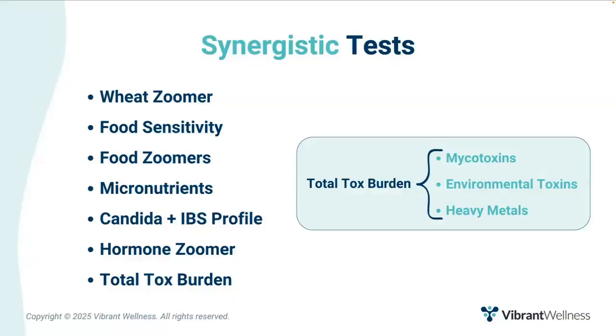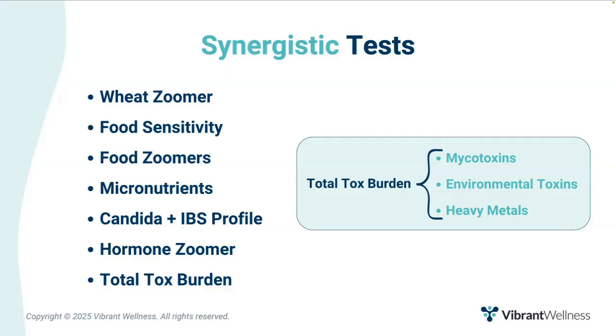Also consider the Micronutrients panel to investigate nutrient deficiencies when Gut Zoomer results indicate digestive insufficiency and/or opportunistic overgrowth that can block nutrient absorption. The Candida plus IBS profile investigates the serological response to Candida species, and the presence of anti-cytolethal distending toxin B or anti-vinculin antibodies, which are suggestive of altered immunity in functional bowel disorders, and helps differentiate between inflammatory bowel disease and IBS subtypes IBS-D and IBS-M.